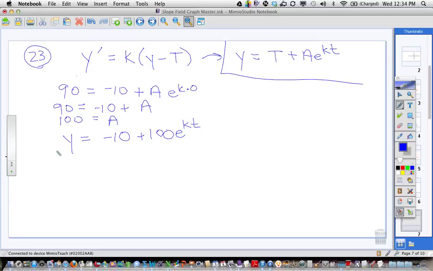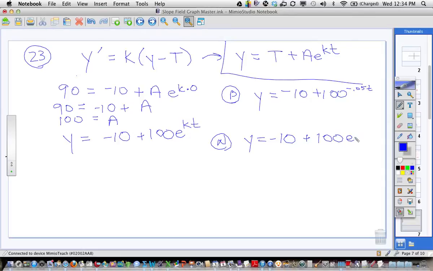So what we would do then is we would put that temperature in for Y, and we put a 2 in for T, and we would solve for K, all right? But we don't need to do that here because they've told us the K value. So if we've got Boris's coffee, his is a K value of, I can't remember which one is which. Okay, so Boris's is negative 0.05, and Natasha's is negative 0.08.